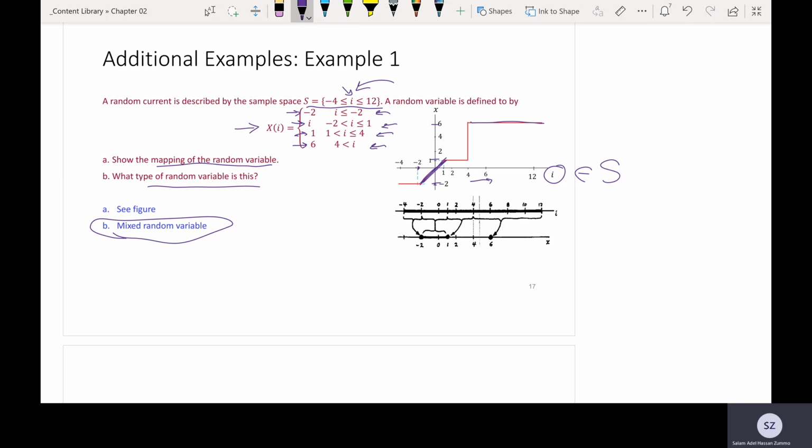However, assuming that it's uniform, assuming it's equally likely to be between minus 4 and 12, then how can we write the density? What will be the density?